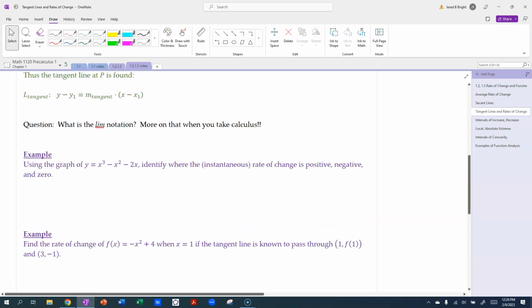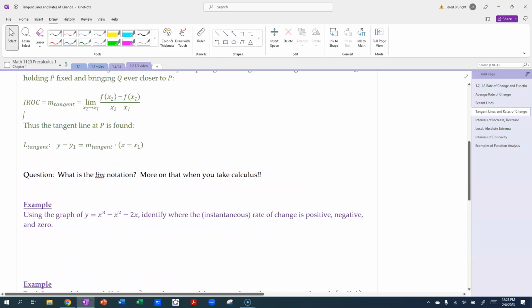But now the idea is, how can we use the notion of tangent lines to tell where the instantaneous rate of change is positive, negative, and 0? So also just a comment, the textbook, in whatever platform we use, instantaneous is sometimes left out and it just says rate of change.